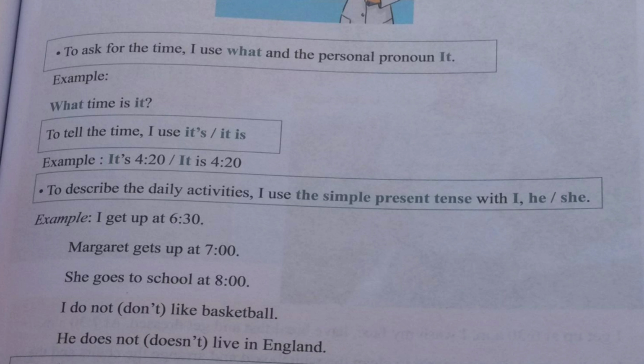He does not أو he doesn't live in England. He does not أو he doesn't بمعنى هو لا يعيش. Does not live بمعنى لا يعيش أو لا يسكن in England في إنجلترا.